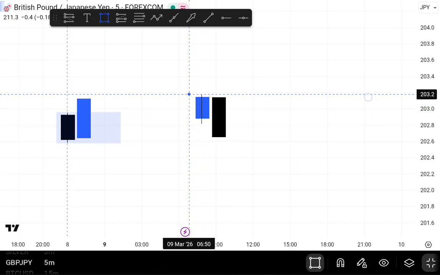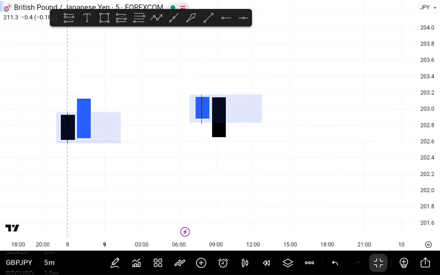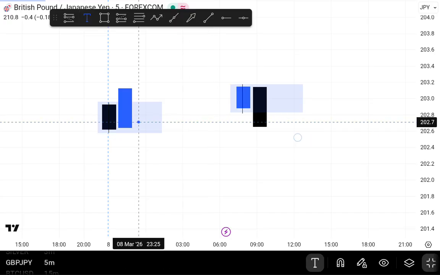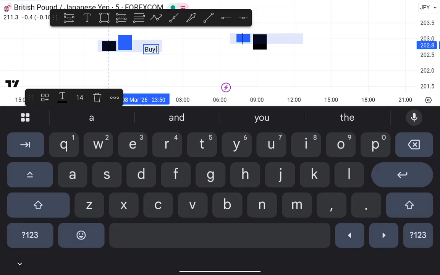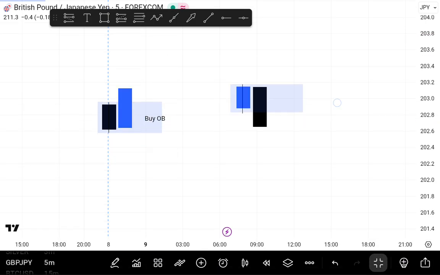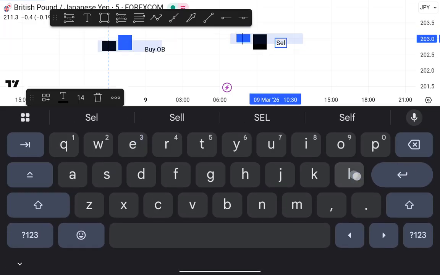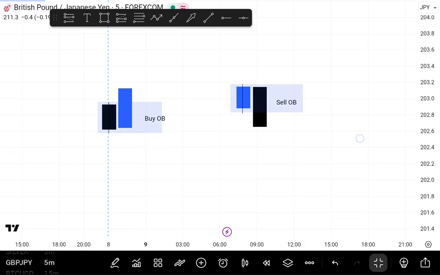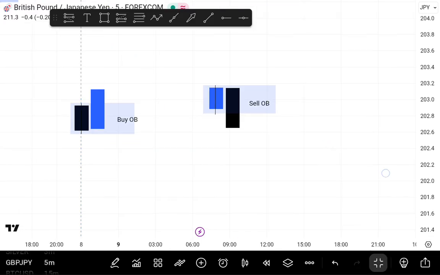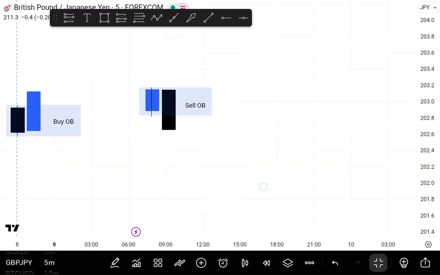Mark both the wick together. So this is a buy order block. And these are sell order blocks.